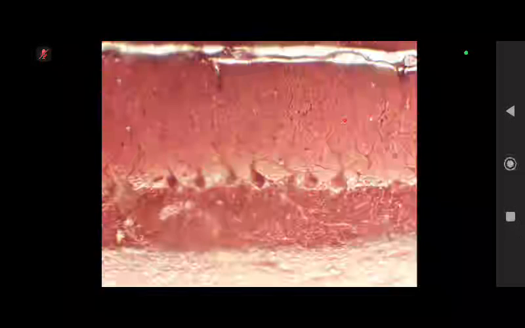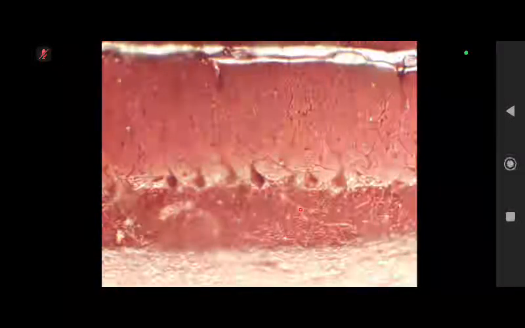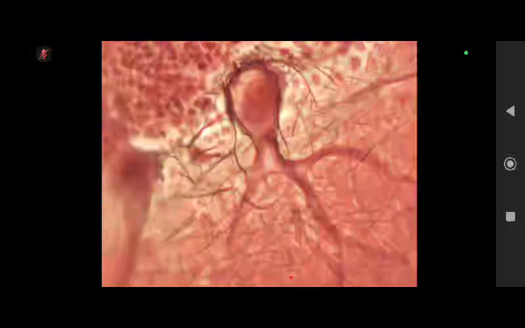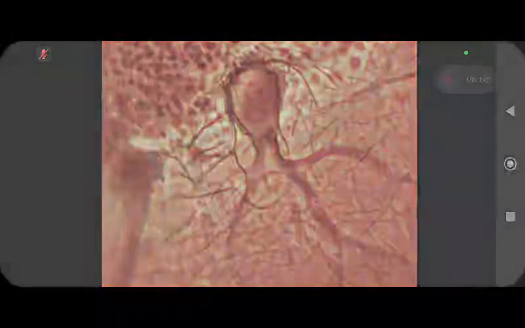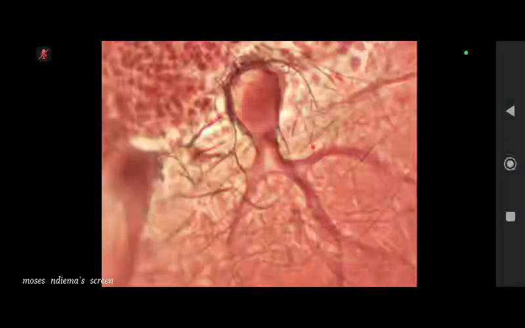So it's similar to what we have here. And then this is the granular layer, comprising of granule cells and the white matter area, the medulla.